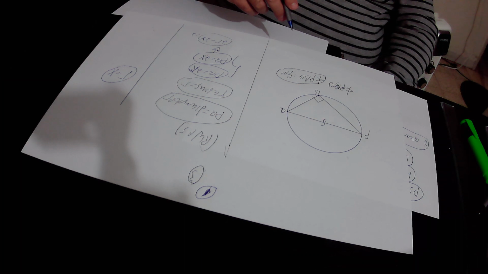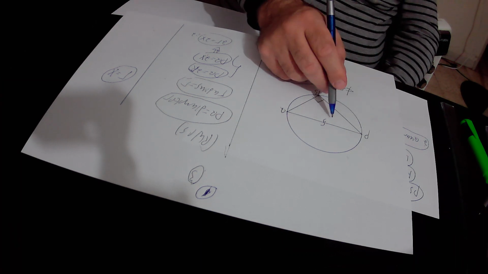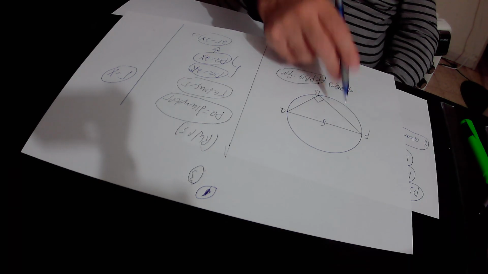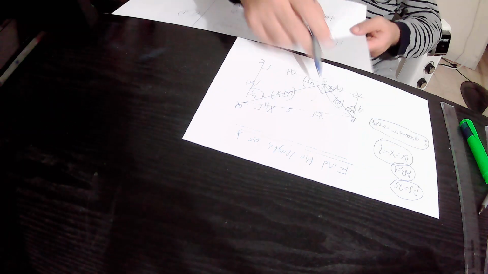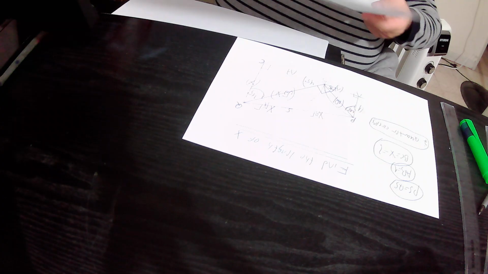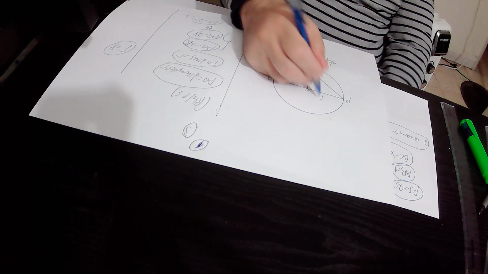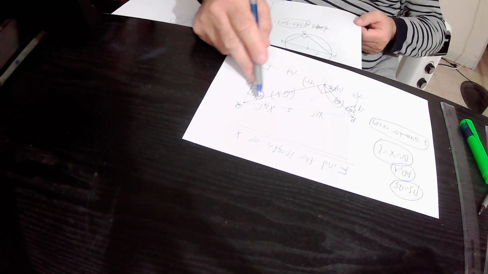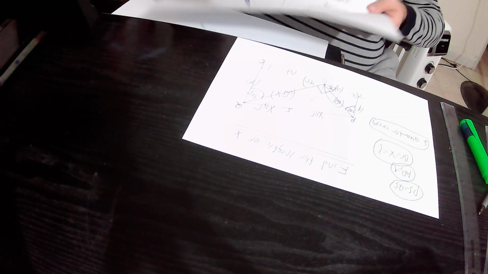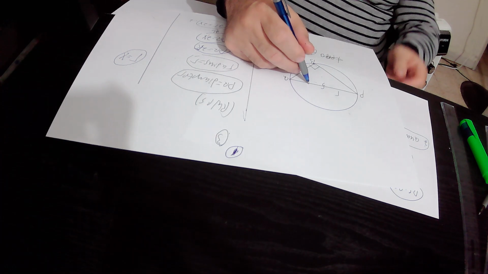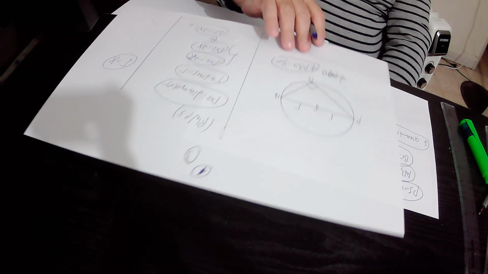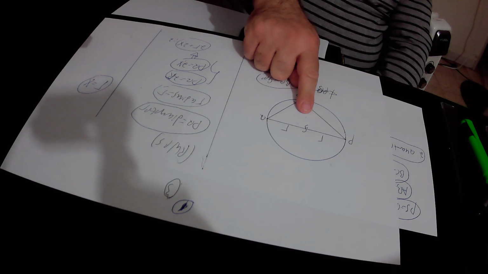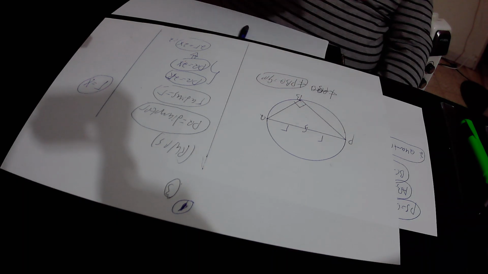And PS equals X. PS equals X and X equals R. So PS equals R, SQ equals X, and X equals R. So SQ also equals R. So QS equals R and PS equals R.